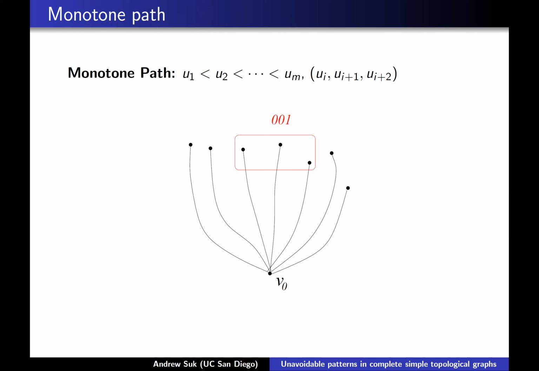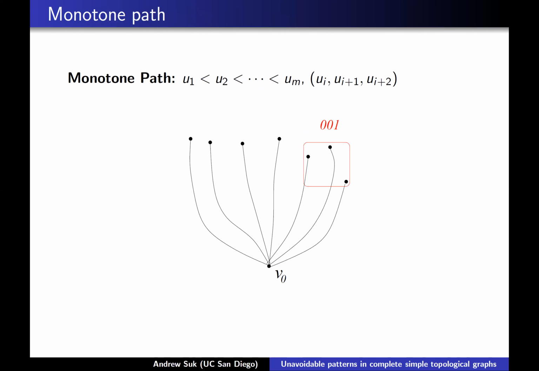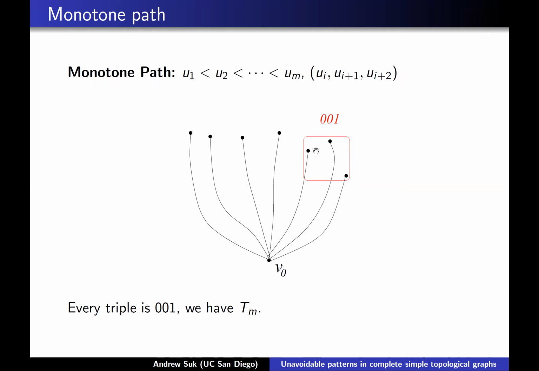Likewise, this one does too, et cetera, et cetera. And if that's true, then that's enough to conclude that every triple has the 0, 0, 1 pattern. So it makes it much easier to find a monochromatic clique with respect to 0, 0, 1 or 1, 0, 0.